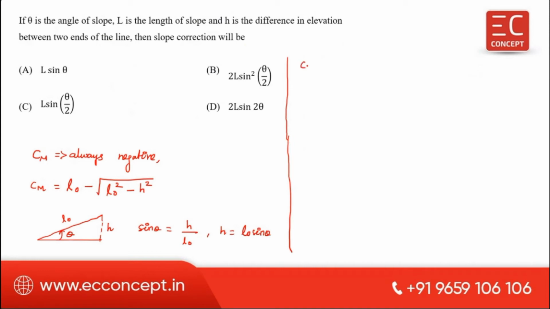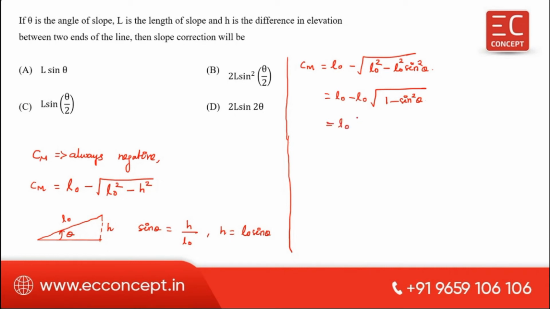Cm is equal to L naught minus square root of L naught square minus L naught square sine square theta. Take out L naught common, and from the root take 1 minus sine square theta, which is cos square theta.